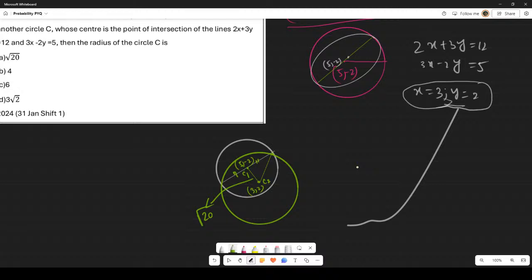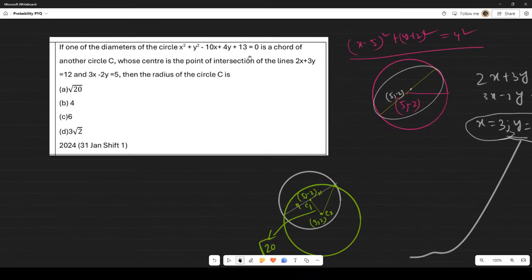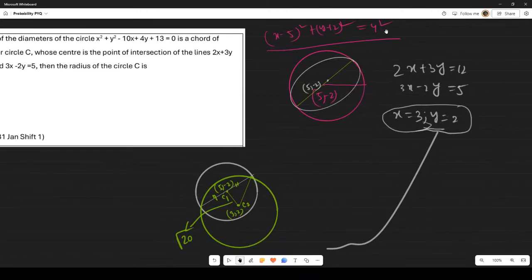What about this one? 4. Radius 8 given, I mean diameter 8 you got. It is from the equation only we get. So this is coming 4.